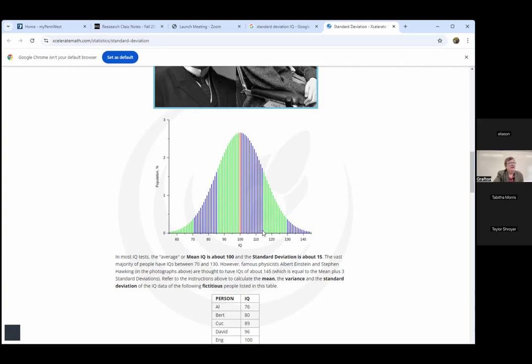So yeah, 115 and 85. So if the average or mean score on an IQ test is 100, then within one standard deviation, plus or minus, positively, you'll have 34% of the population scoring 115 or between 100 and 115. And you'll have 34% of the population scoring between 85 and 100.